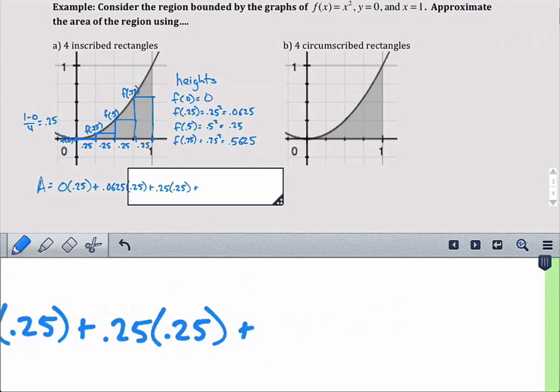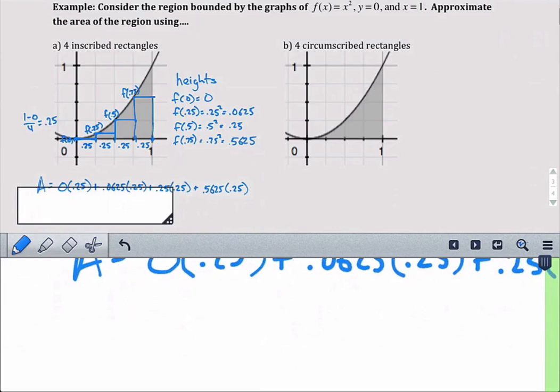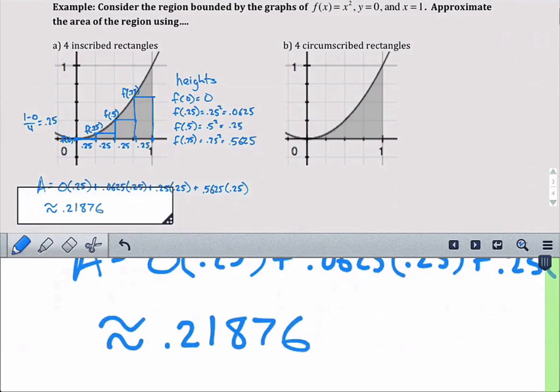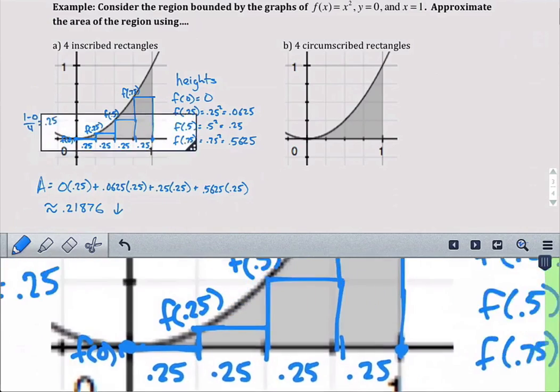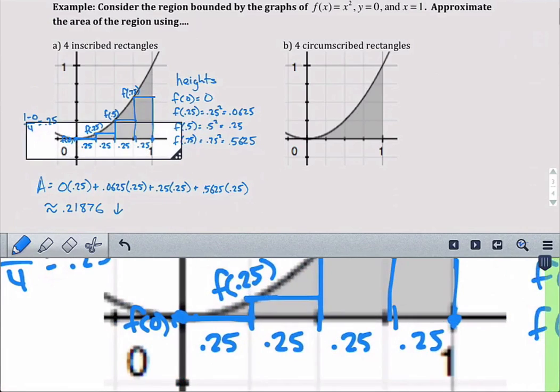And then our fourth rectangle is going to have a height of 0.5625 and a width of 0.25. And if we multiply all this in our calculator, we get an approximation of 0.21876. And this is going to be definitely an underestimate because we are underneath the graph.